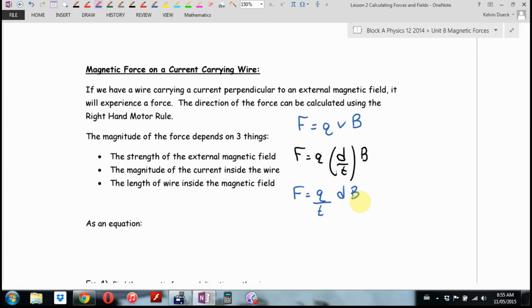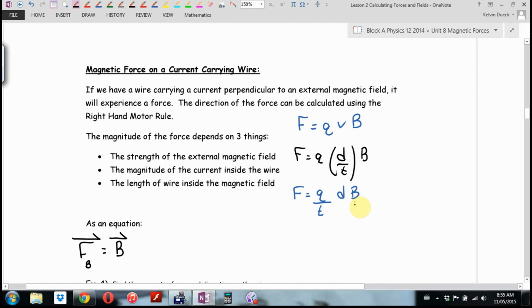Current. Ooh, now we've got something we can work with in a wire. The magnetic force on a current carrying wire depends on three things. It depends on the magnetic field, right there, see it?